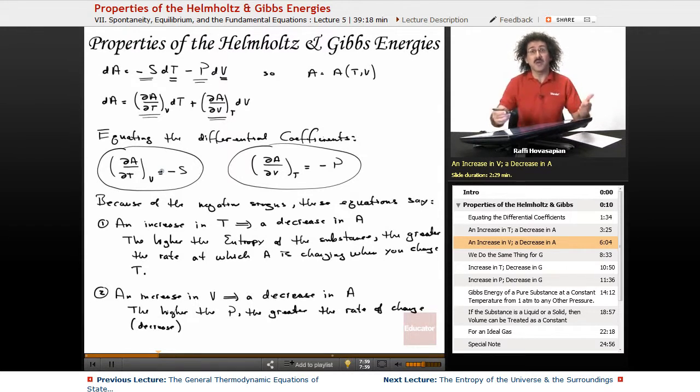If for any reason we decide to run an experiment where we're actually holding temperature and volume constant, then we have to use the Helmholtz energy and not the Gibbs energy, because the Gibbs energy is for conditions of constant temperature and pressure. And constant temperature and pressure is what 99% of all chemical reactions are run under. So that's the standard laboratory condition for chemistry, not for other things. Okay, we're going to do the same thing for G.